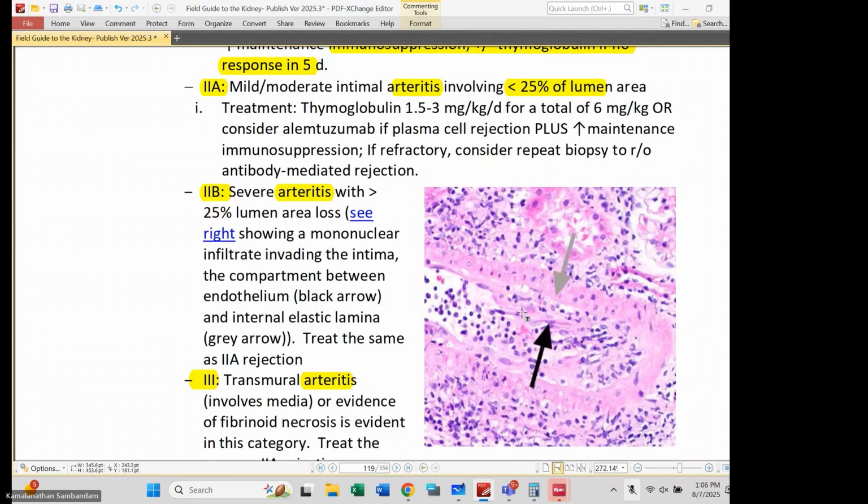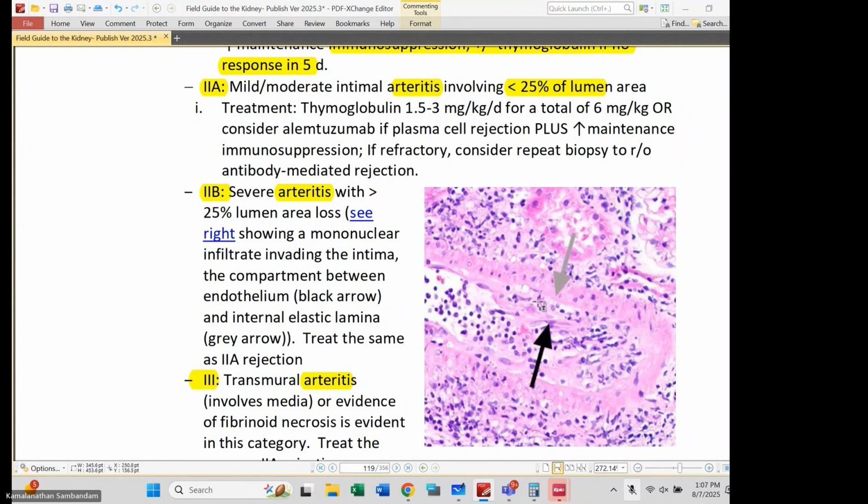These are a bunch of inflammatory cells that are lifting the normal intima. This is the intimal layer, the flattened endothelium. These are your muscular layers of this blood vessel. This is intima that has been lifted by all this inflammation.